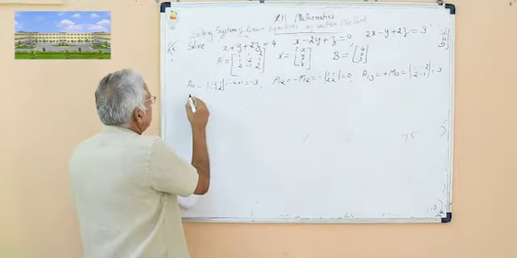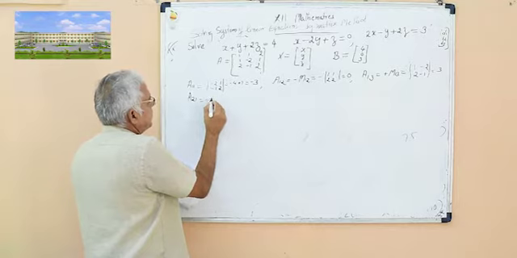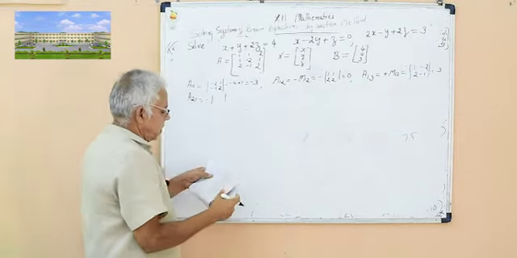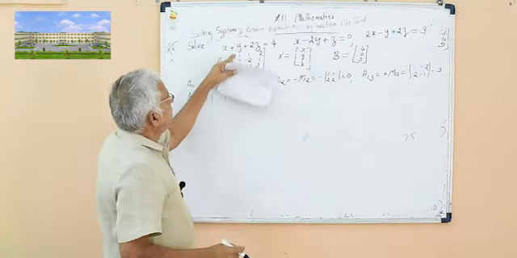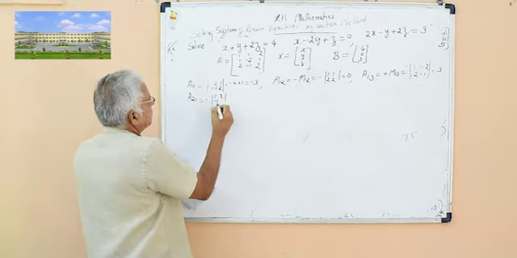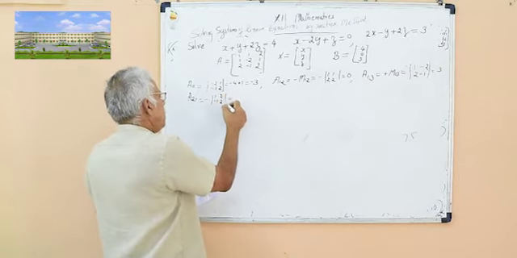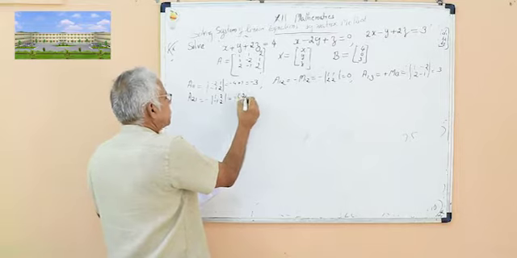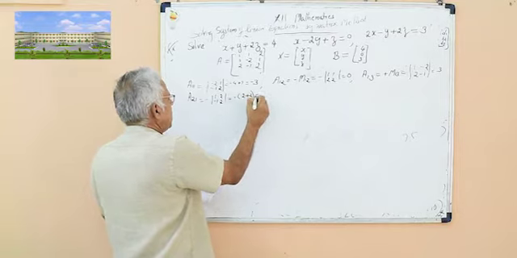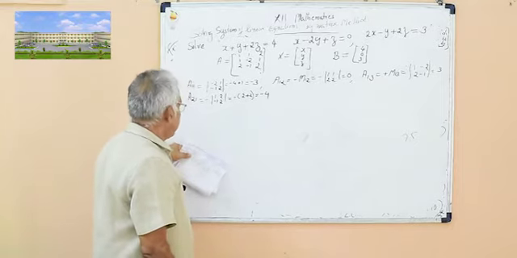Again, A21 is negative M21. Delete the second row and first column. Then we get 1 into 2 minus of minus 1 into 2, which is minus 4.